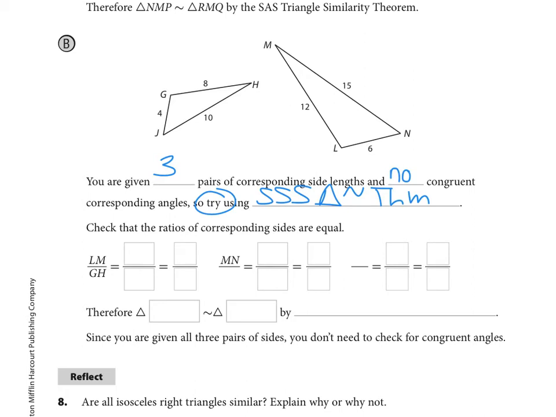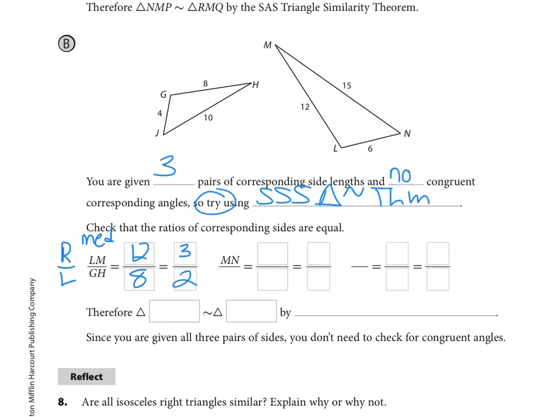LM and GH are my medium length sides. Notice the ratio we've started off with is the right triangle's segment pieces divided by the left triangle's segment pieces. As we're checking all these ratios, we want to keep numerator and denominator consistent. So LM to GH, those are the medium sides, so that's 12 over 8. And that does simplify down to 3/2, just so that we can compare.